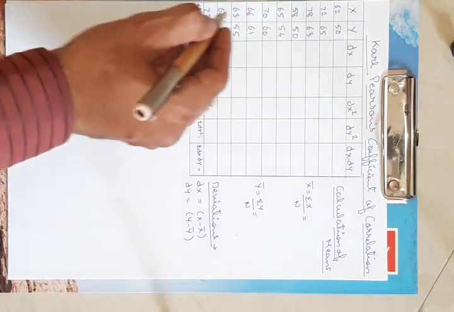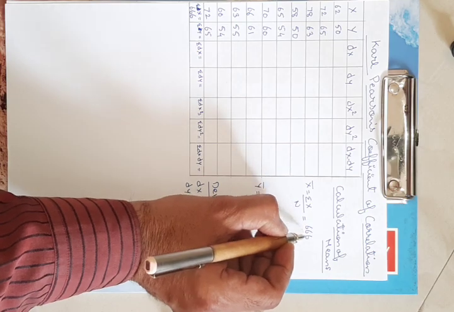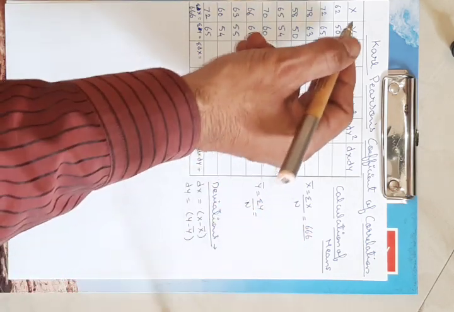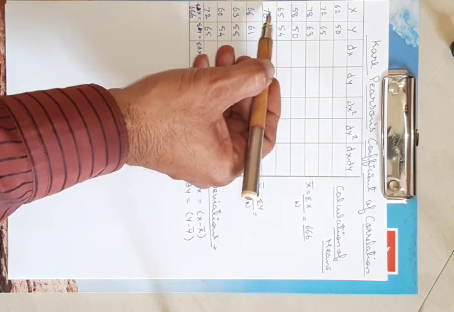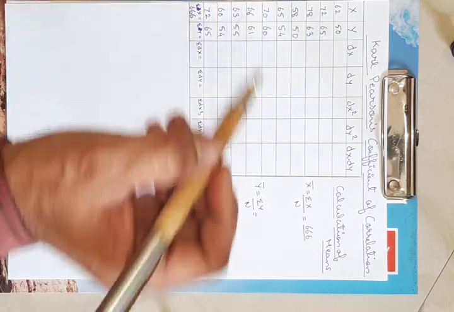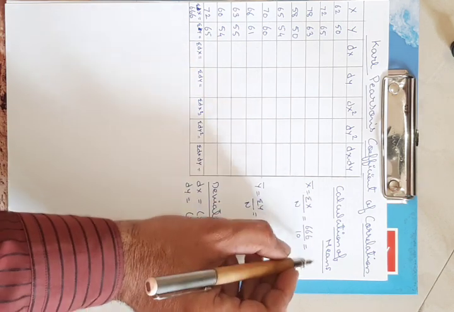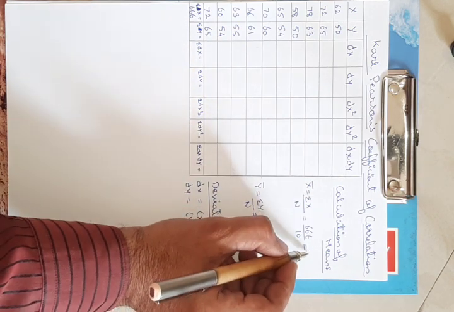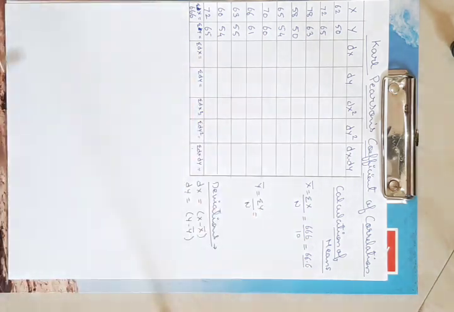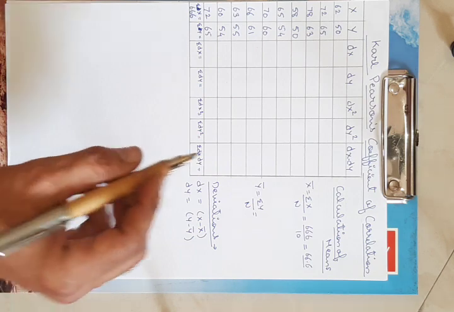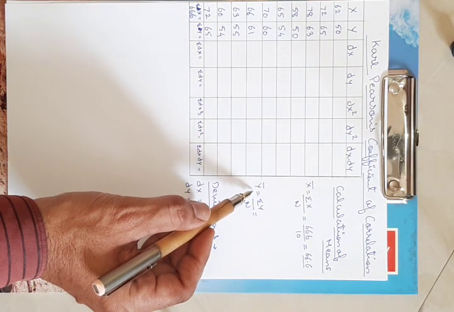The addition of series x is 666. We write 666 divided by n, the total number of observations. Counting 1 2 3 4 5 6 7 8 9 10, the total number of observations is 10. So the mean, x bar, of this series is 66.6.